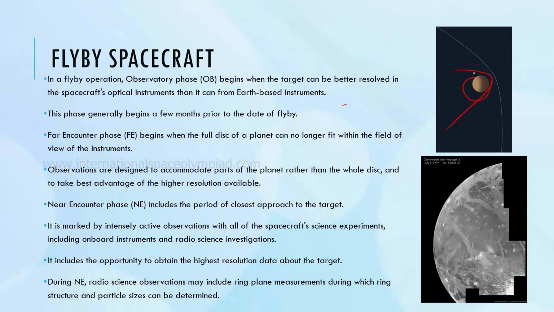It is captured at that particular velocity and it will start to orbit around the planet. That speed should be less than the escape velocity at that point, at that particular place. Then it will be captured by the planet. If it is more than that, that will be a flyby mission. If it is more than the escape velocity, it can escape like this, and if it is less than the escape velocity, it can be captured.